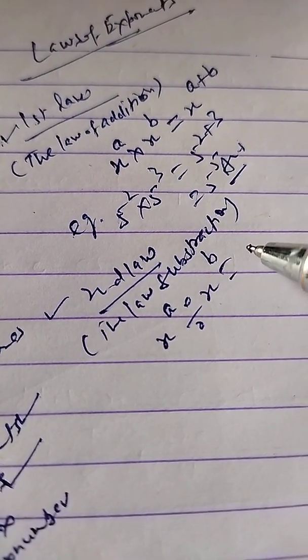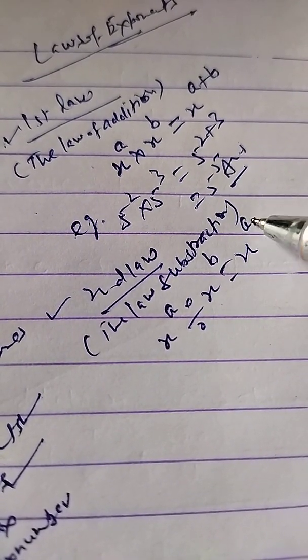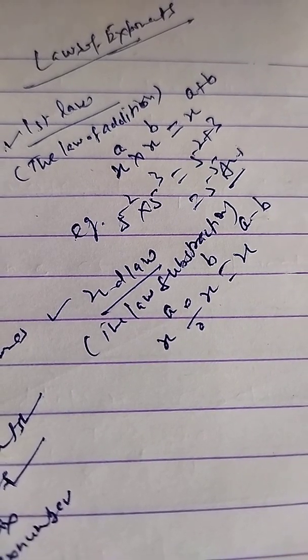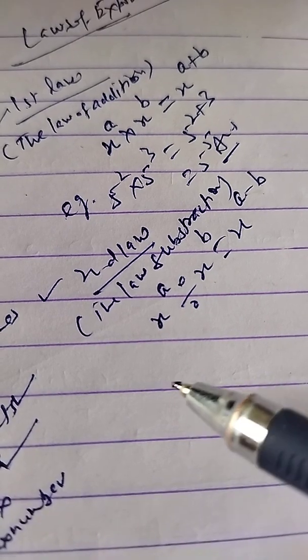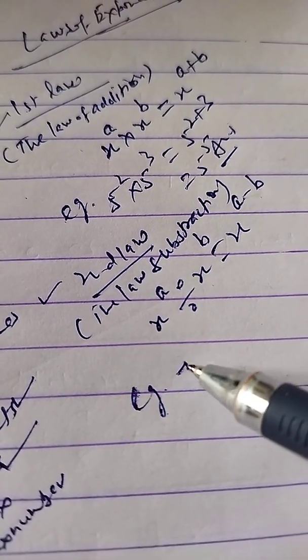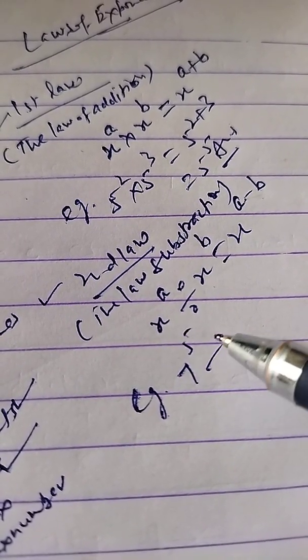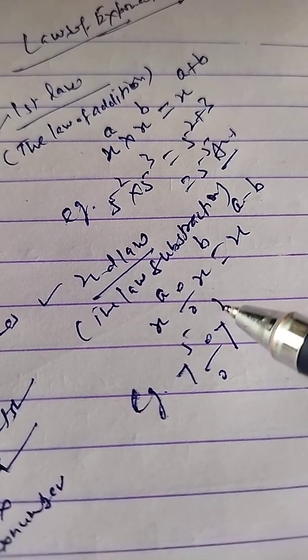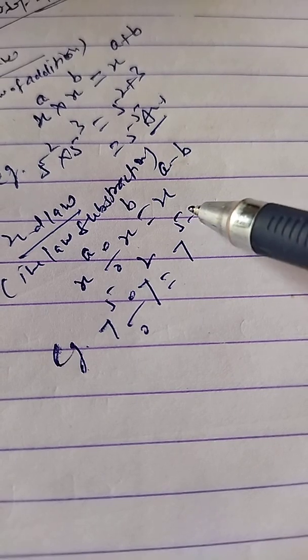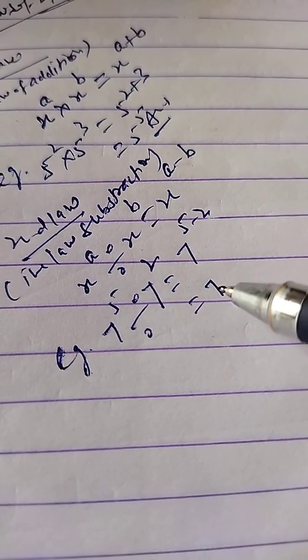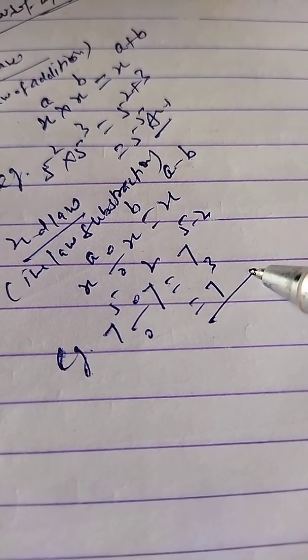Then the powers will be minused, x raised to the power a minus b. For example, 7 raised to the power 5 divided by 7 raised to the power 2. So it will be 7 raised to the power 5 minus 2. So answer will be 7 raised to the power 3.